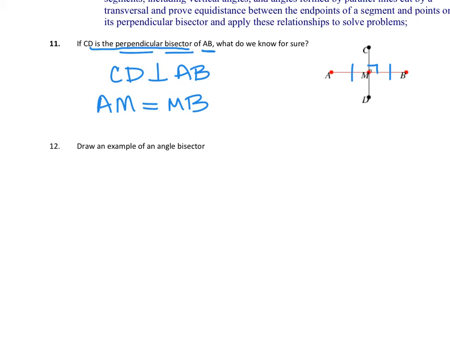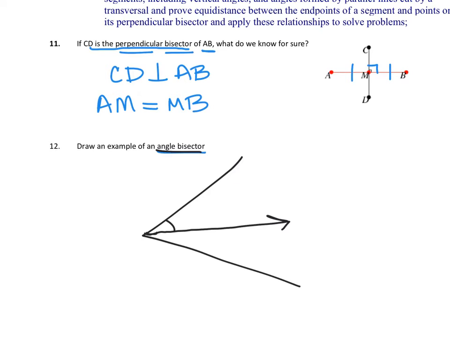Draw an example of an angle bisector. Okay, so let's draw an angle and cut it right through the middle. And there we have our 2 congruent angles. We also know that if there is a point on the angle bisector, it's equidistant to the sides.